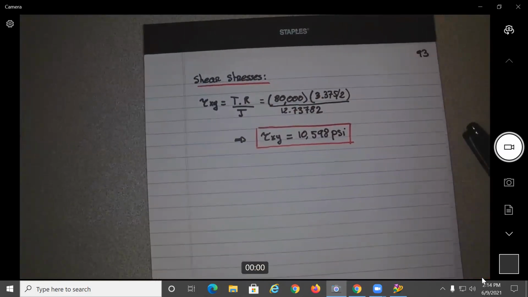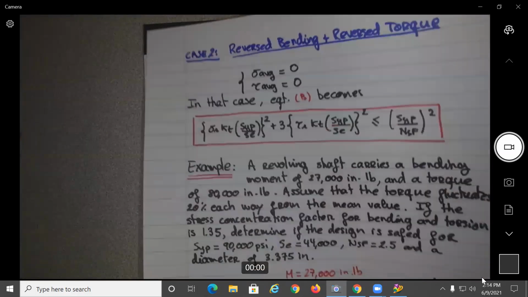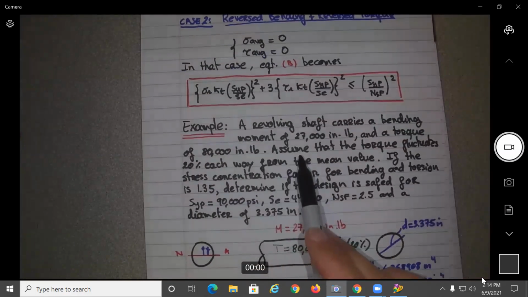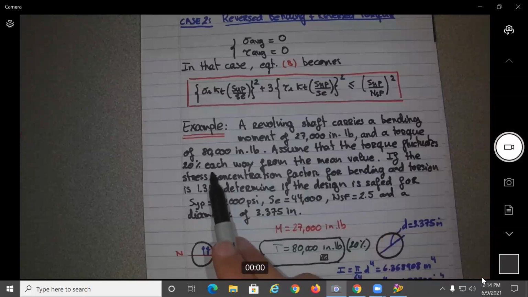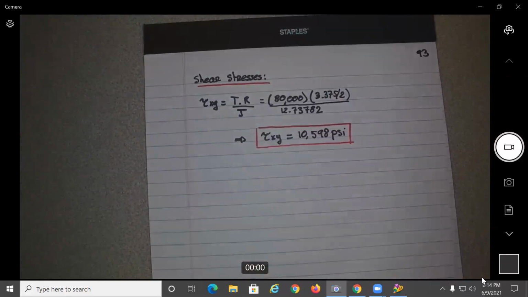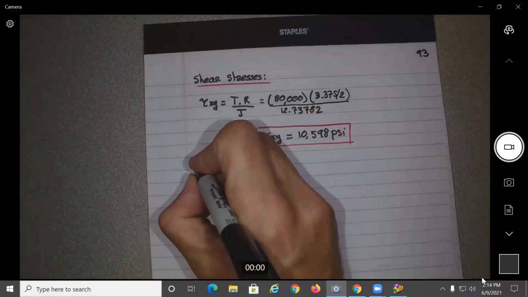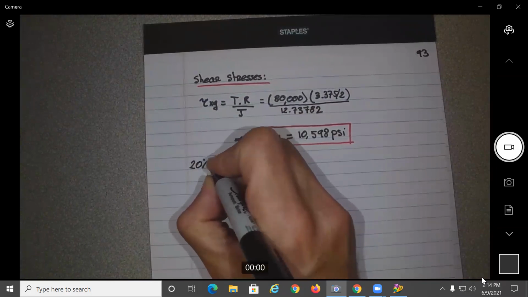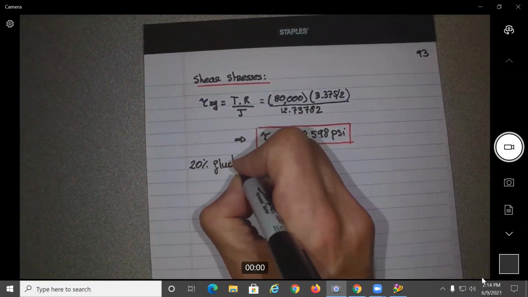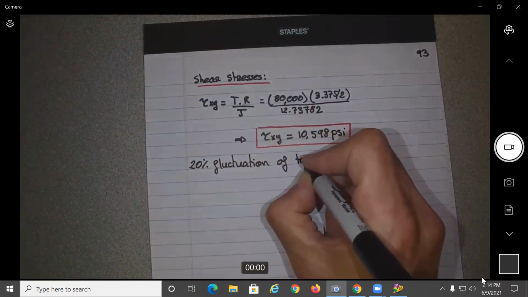Okay, but here is where I'm going to need your help because I didn't do the calculation. What do they tell us of the problem? Assume that the torque fluctuates 20%. Okay, so either we have the choice to multiply the 80 by 1.2, no, to get the extra 20%, or over here we can say, so torque, 20% fluctuation of torque.